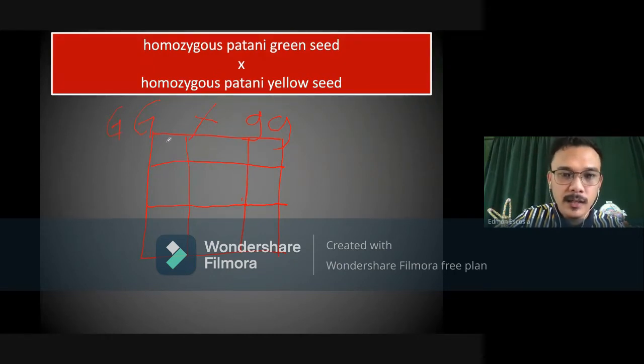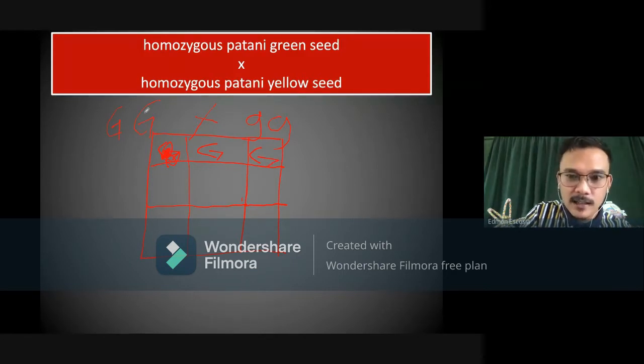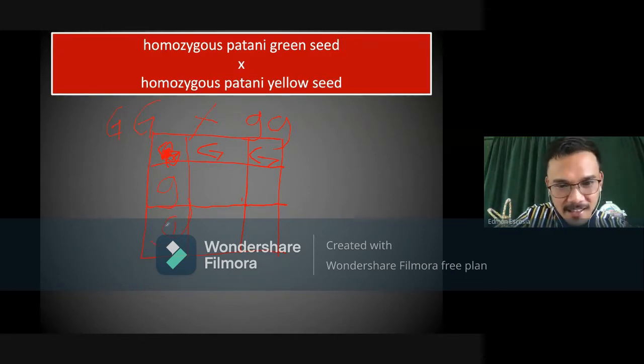So this allele is to be written here and also on the other part of the Punnett square. And the other allele is to be represented here on this part of the Punnett square. This is small letter g, small letter g. Please excuse my letters. I'm having difficulty with the pen.